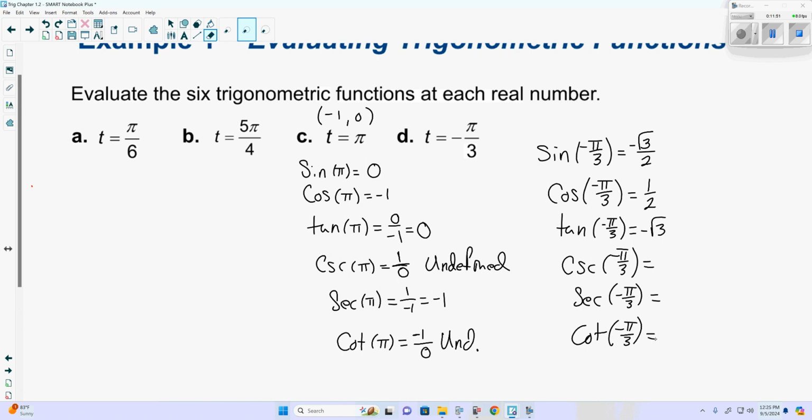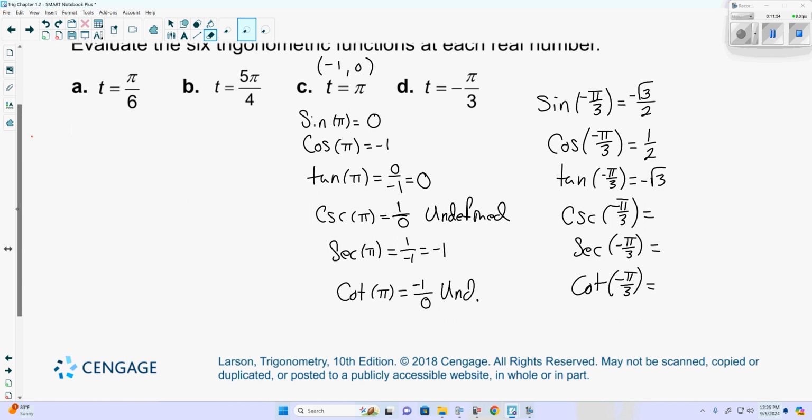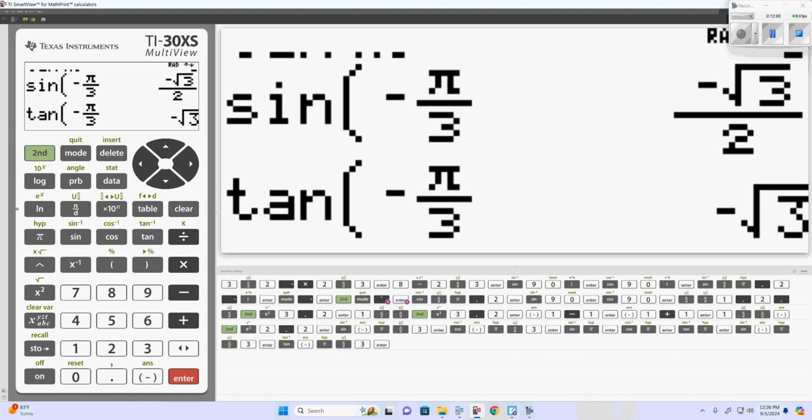Now the question is, is there a cosecant, secant, or cotangent button on the calculator? Let me look. We have trig inverse, but we don't have secant, cosecant, cotangent.